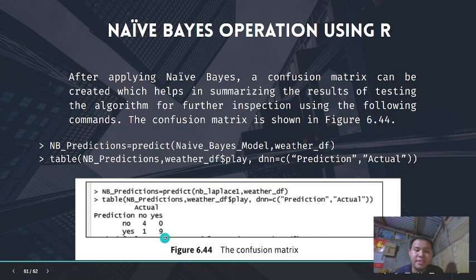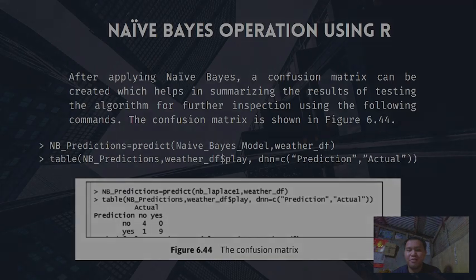We also predicted 9 yeses, which is also true. However, we predicted 1 yes when it is actually a no. So our model predicted almost perfectly, but it just has one mistake. Thank you for listening.